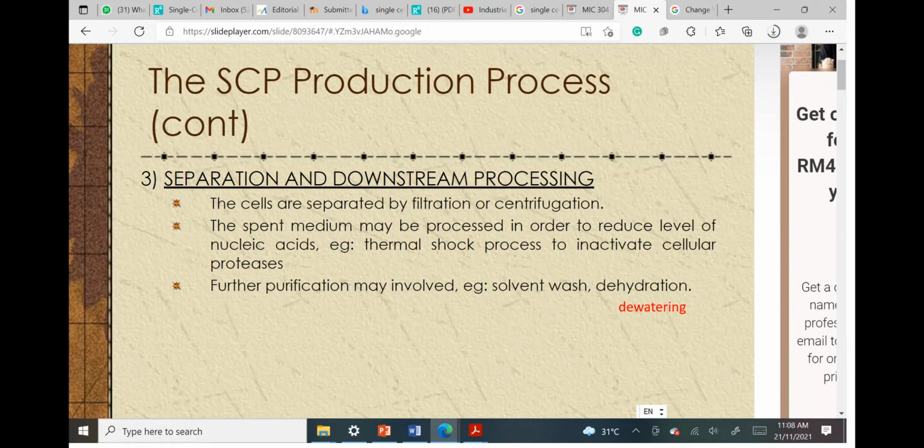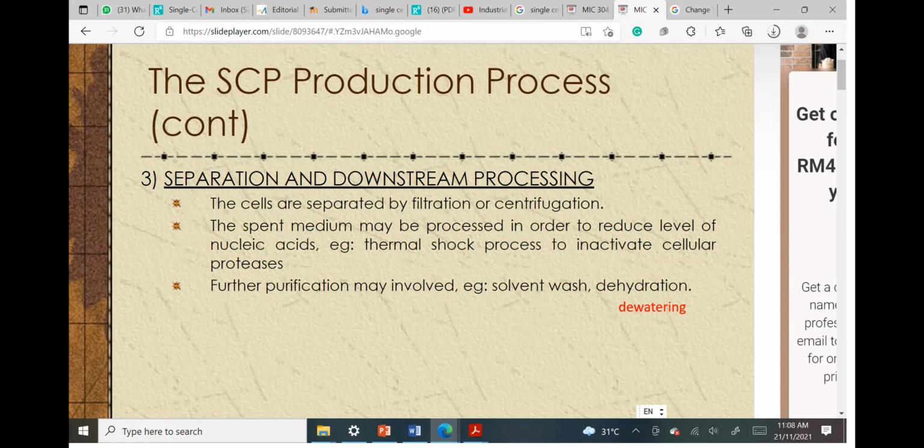When we look at SCP, actually mainly we want the cell, but sometimes in the process of producing the SCP, there are also some valuable soluble products occurring in the spent medium, which may also contain residue of nucleic acid, which will need thermal shock to denature the nucleic acid.